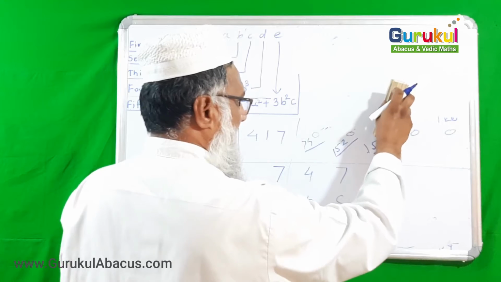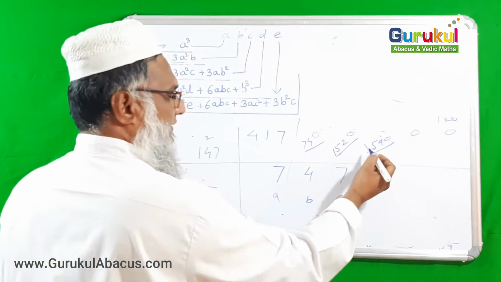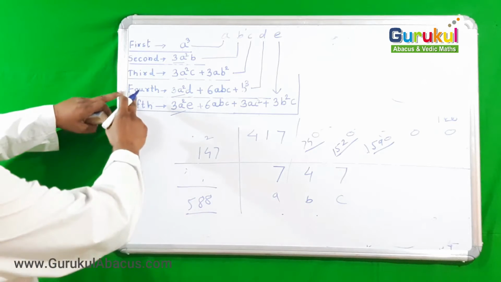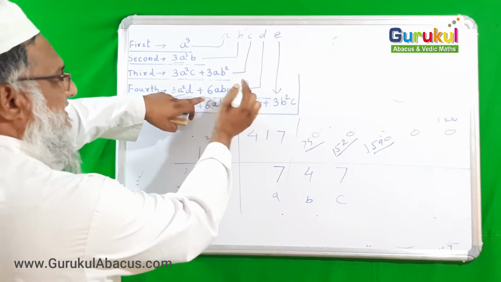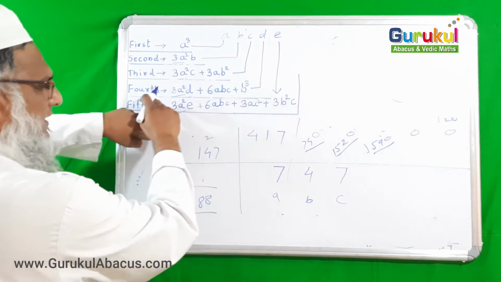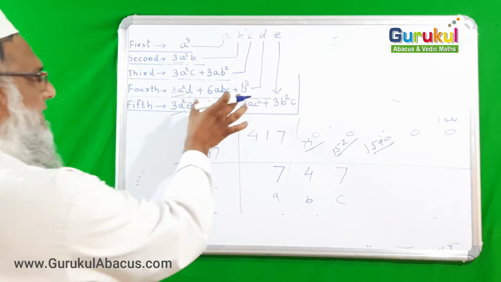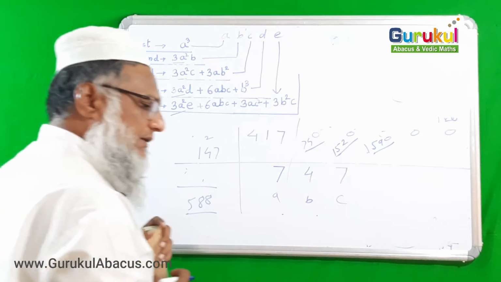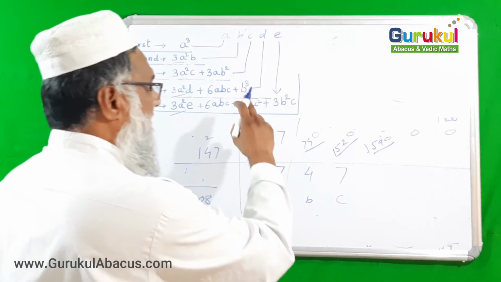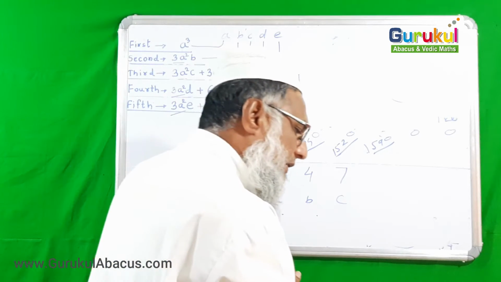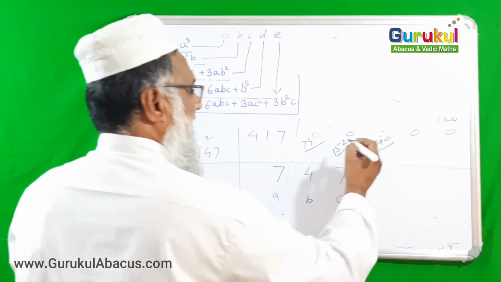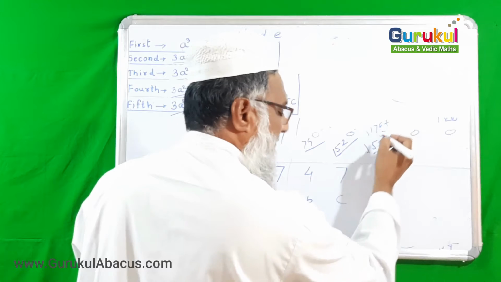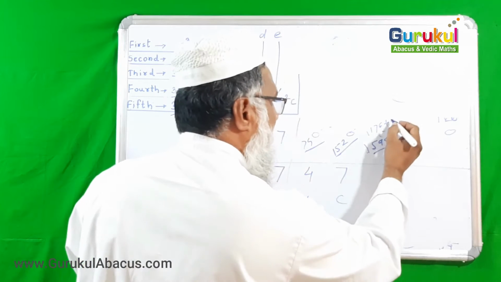Okay, so now we have to find d, we have 1590, and from 1590 for the fourth digit we should subtract firstly this much and then start dividing. If I subtract the value of 6abc plus b cube, together that value is 1176 plus the value of b cube, 64.